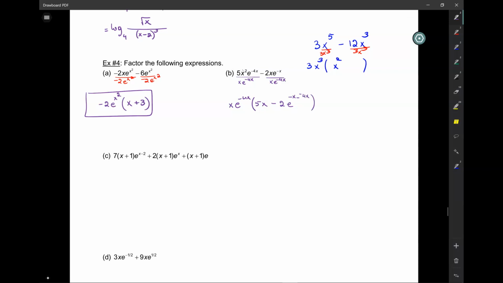So I get x e to the negative 4x, 5x minus 2 e to the 3x, because I need to subtract the exponent: negative x minus negative 4x. Two minuses become a plus.